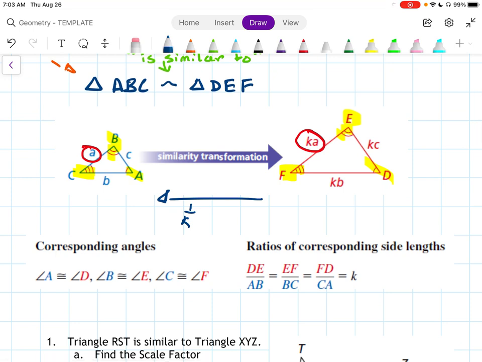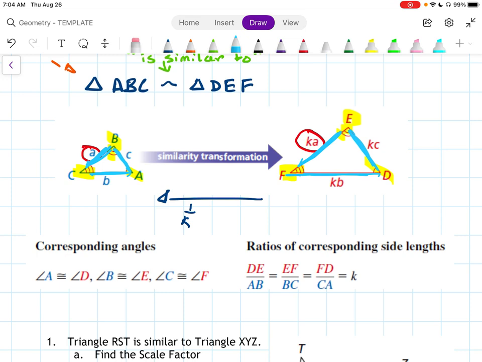Corresponding angles. I think I already talked about that. Each of the angles has a partner and they are congruent. For the sides, they're all listed as a ratio. So we have DE, which is this here, over AB, and then EF over BC, and FD over CA.